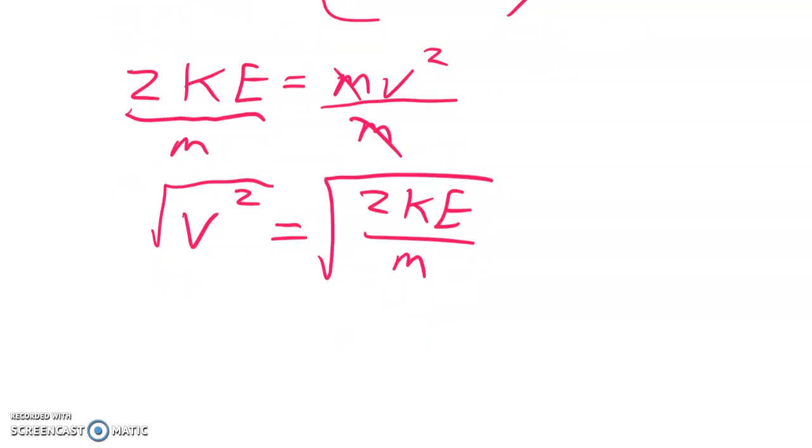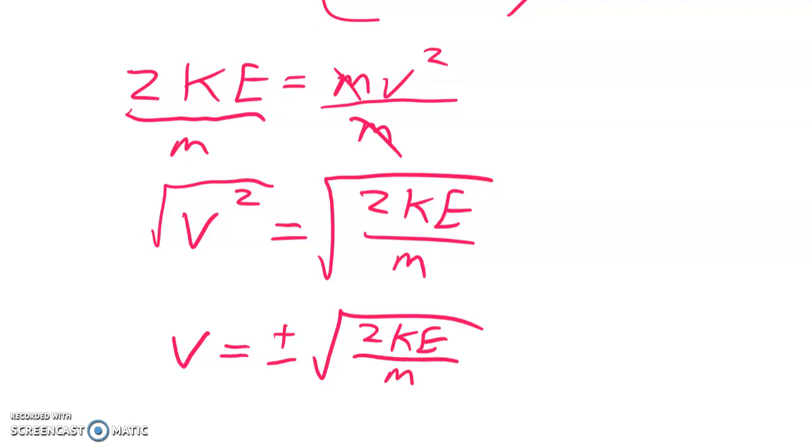You have to think, in an equation like this, velocity could be positive or negative, but either way, after you square it, it turns positive. So that means that velocity can have a positive or negative answer. And then that's a positive or negative square root of 2KE divided by m.